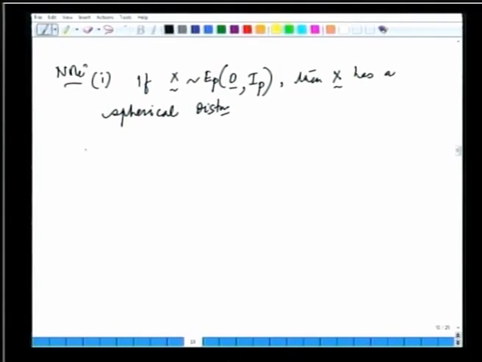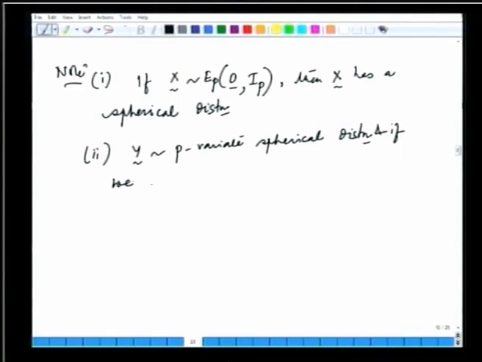Second point is that if y comes from a p-variate spherical distribution, so y satisfies the condition of a spherical distribution, and if we define a linear transformation like x equal to c times y plus mu, where c is p by p and non-singular, right.